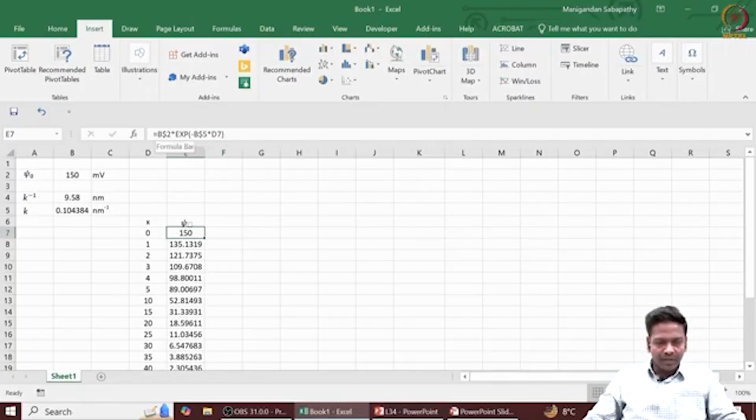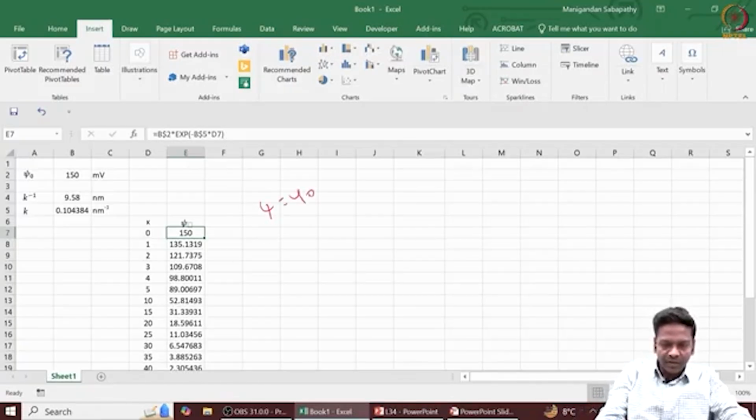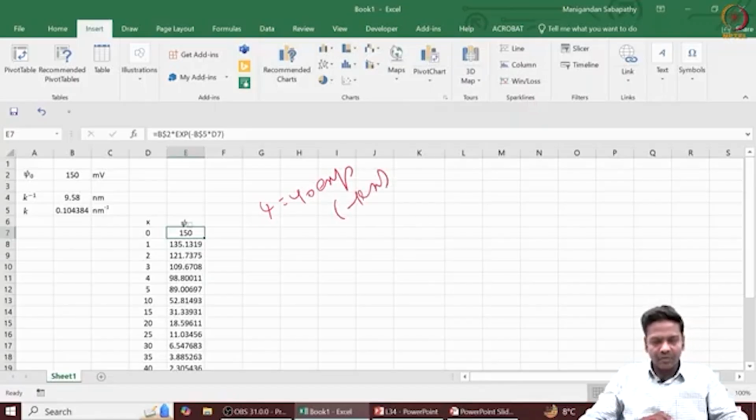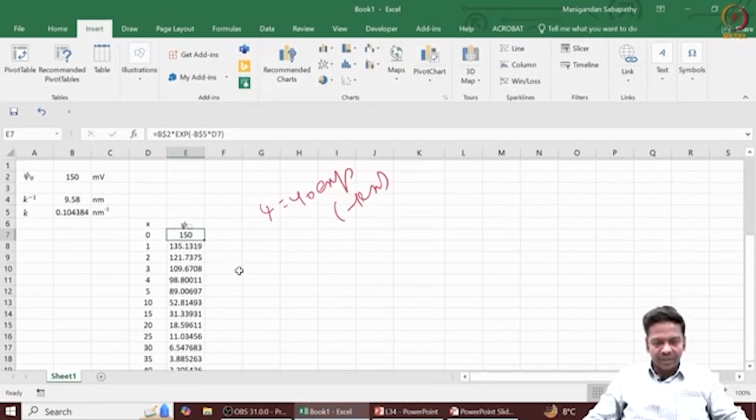We have incorporated this formula here for you. So this is nothing but psi as a function of psi naught, psi is going to be psi naught exponential minus kx. That is what we expressed here. Okay. So when you do this calculation for different x, you get this psi.